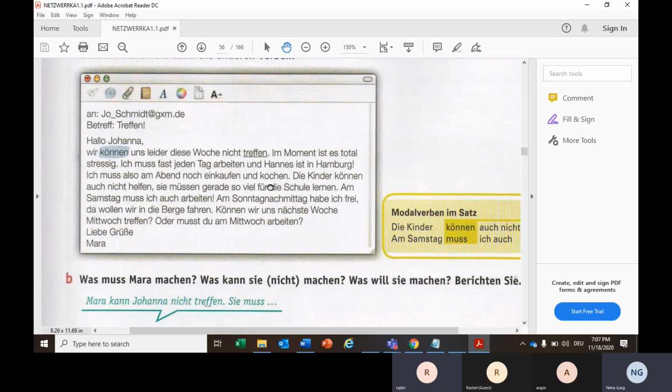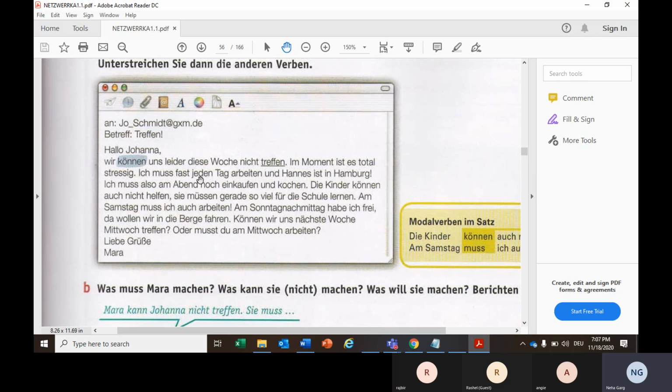Okay, so here this female Mara is writing an email to the friend Johanna and she is describing her situation. So, hallo Johanna, wir können uns leider diese Woche nicht treffen. Leider here bedeutet unfortunately. So we cannot meet each other this week. Im Moment ist es total stressig.